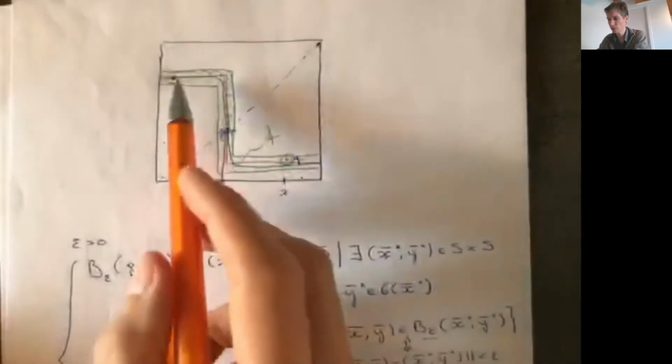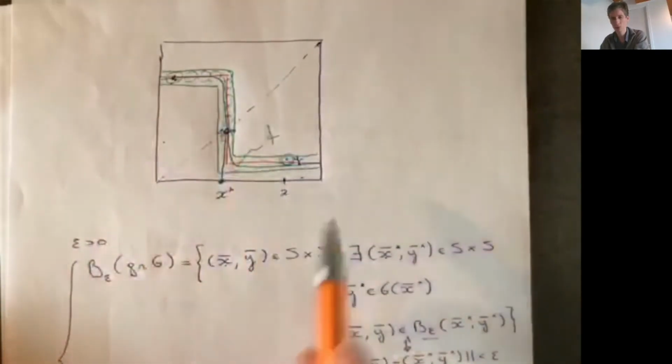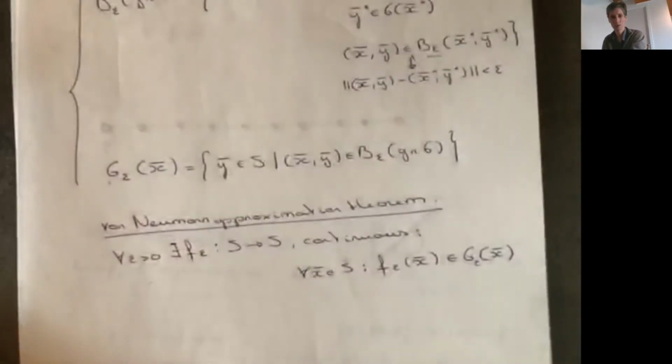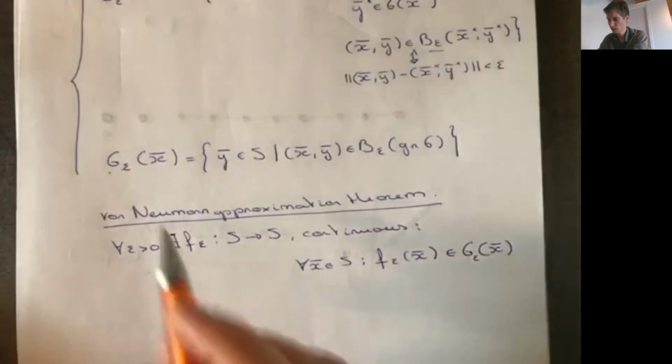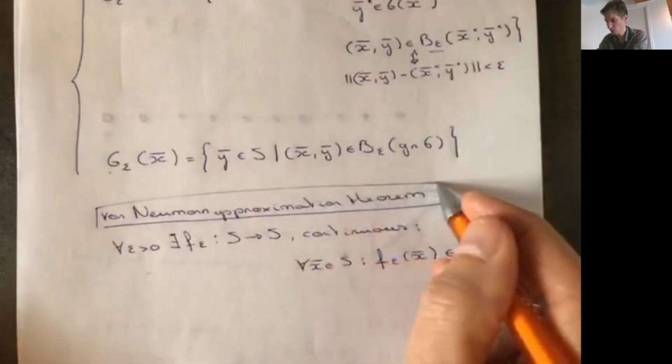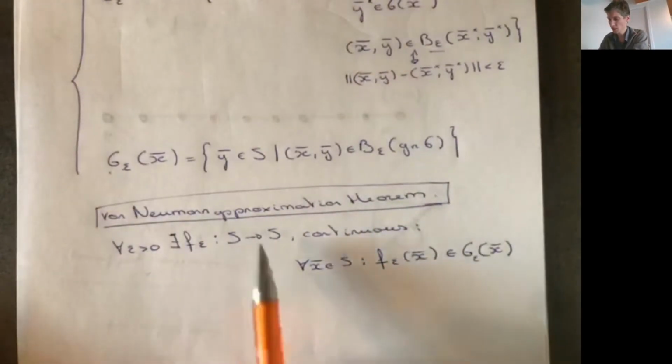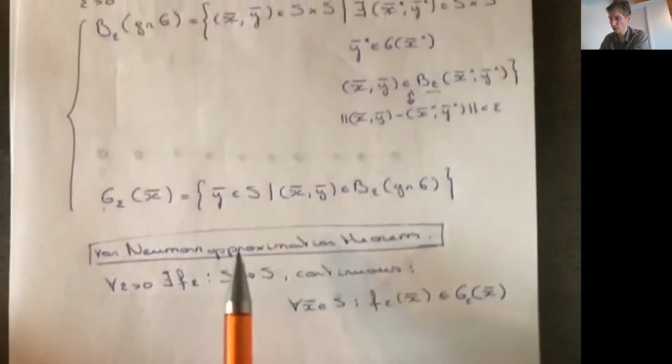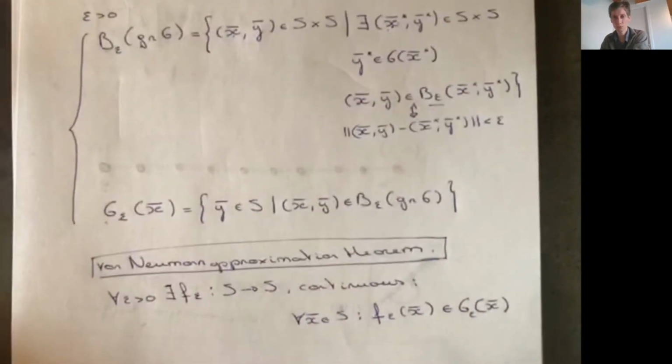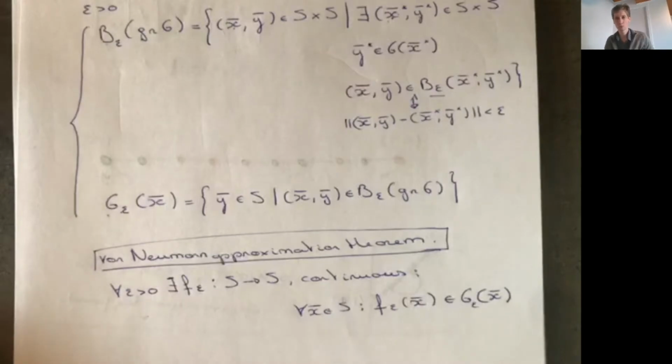So for this expanded version, the green one, I can always draw a continuous function in this correspondence. This is the von Neumann approximation theorem. And here it's crucial that the correspondence is convex valued. In order to prove this result, you really need convex valuedness of the correspondence. So this is where convex valuedness kicks in.